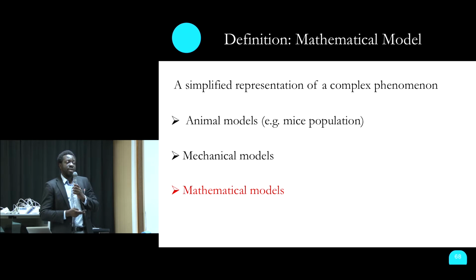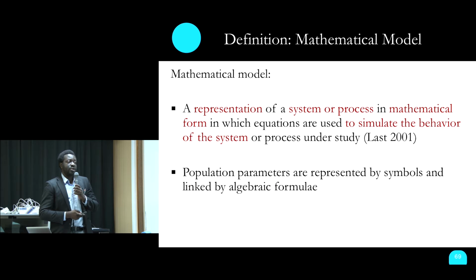We also have mechanical models. But today, we are mostly talking about mathematical models. What is a mathematical model? It's a representation of a system or process in a mathematical form in which we use equations to simulate the behavior of the system or the process under study.